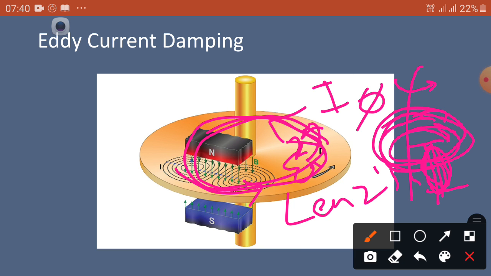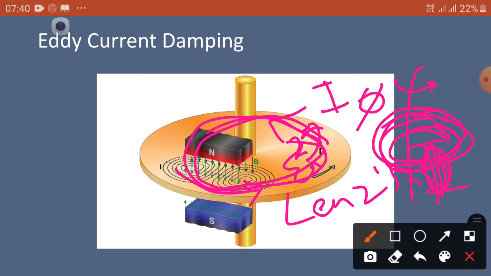If the magnet is moved away from the disc, then the speed increases. So by changing the movement of the brake magnet, we control the speed of the disc in our energy meter. Here the movement of the magnet means we are going to change the damping torque.